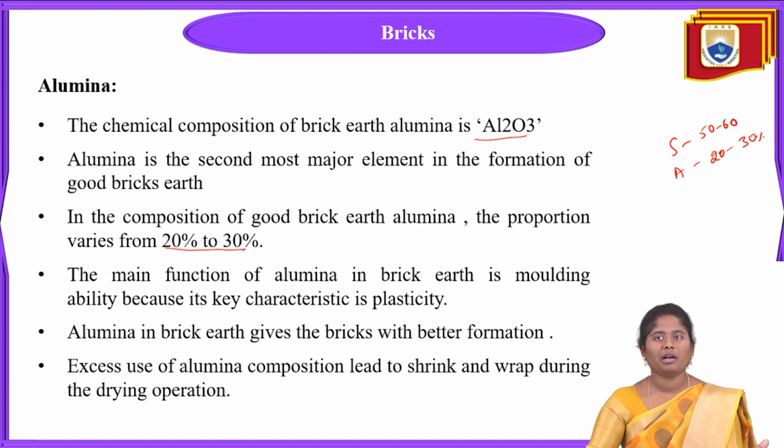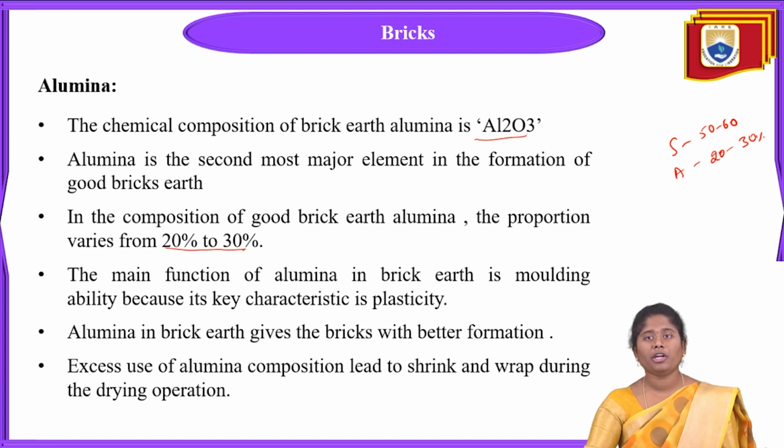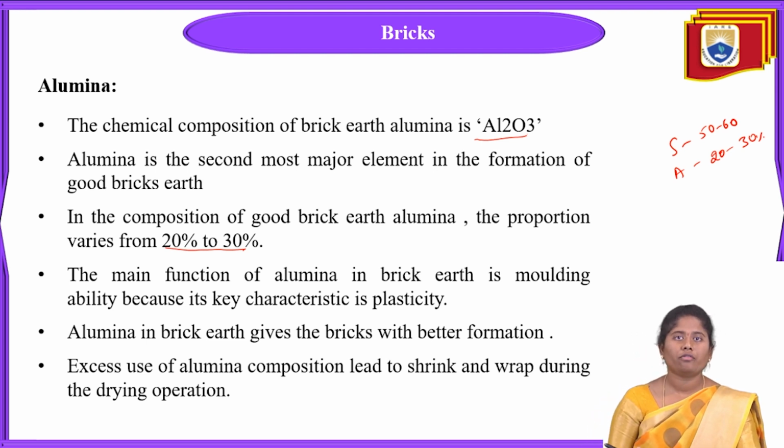In silica, the silica amount engages the durability of the bricks, whereas alumina gives the better formation for these bricks. And when we use an excess amount of alumina, it leads to shrinkage and also warping during the drying process.